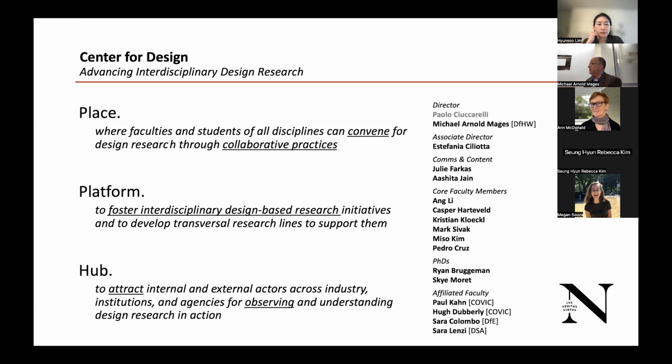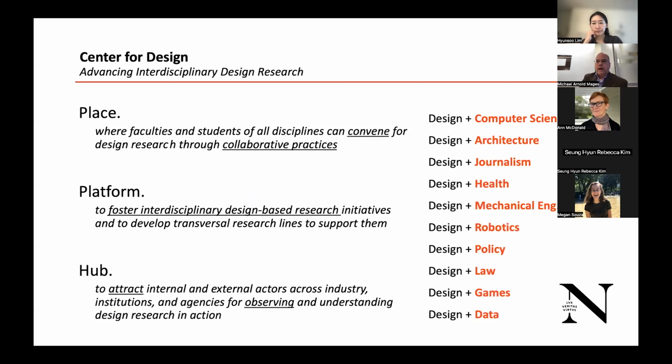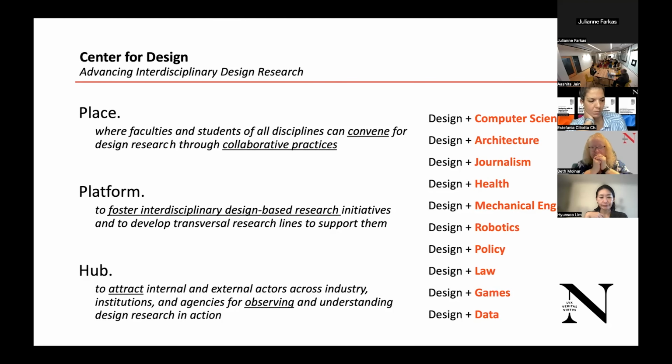Some of these have been the city of Boston, different organizations around the community. We have collaborations internally in the college with architecture, journalism, but also externally throughout the university with computer science, healthcare, mechanical engineering, robotics, etc.